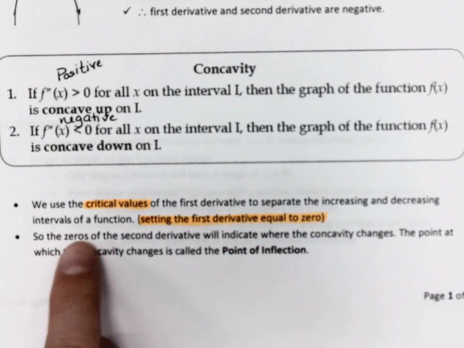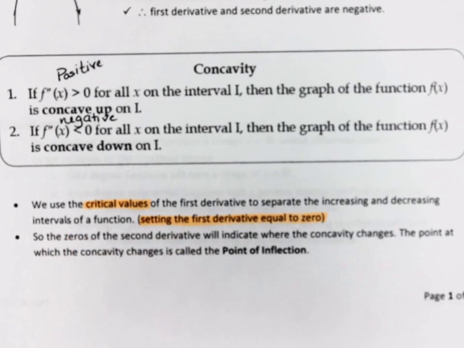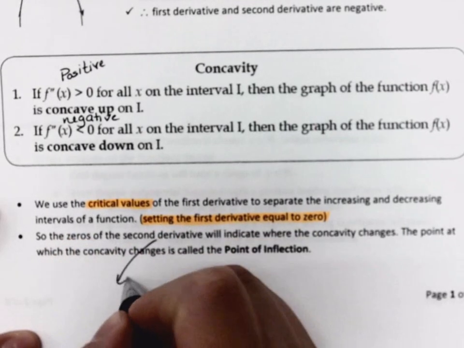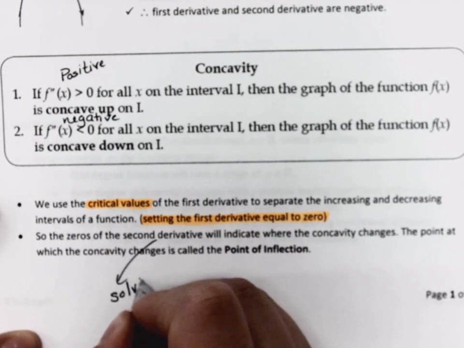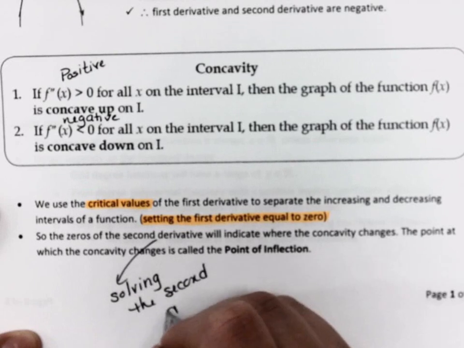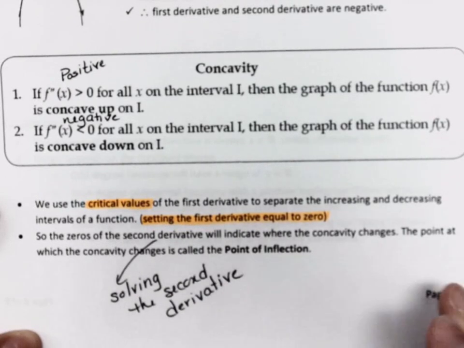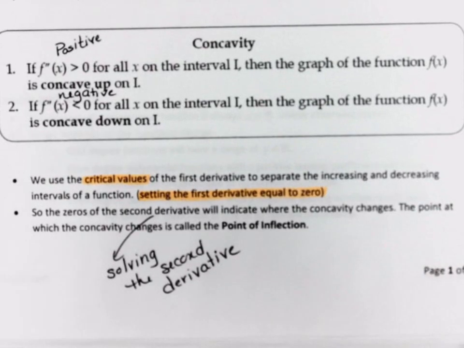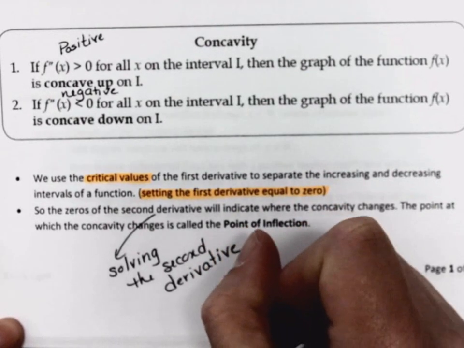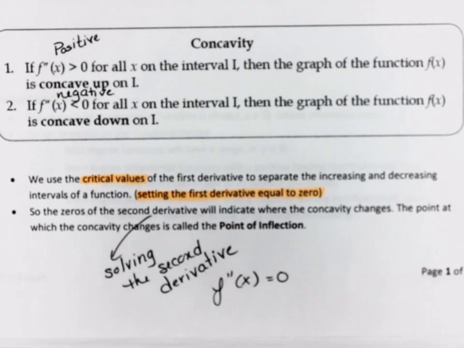For the zeros of the second derivative, we're solving the second derivative. So we set the second derivative equal to 0, and that will tell us where the concavity changes.